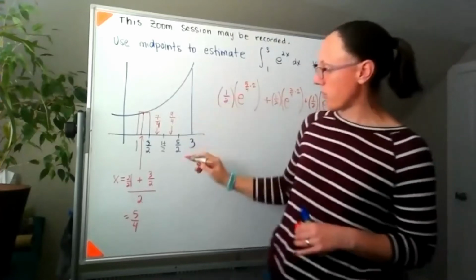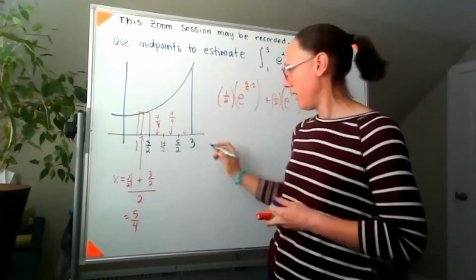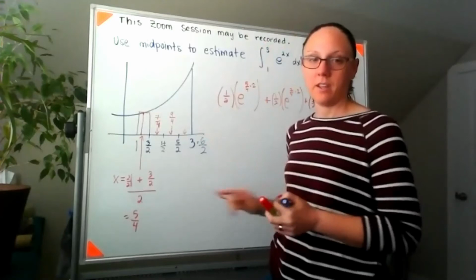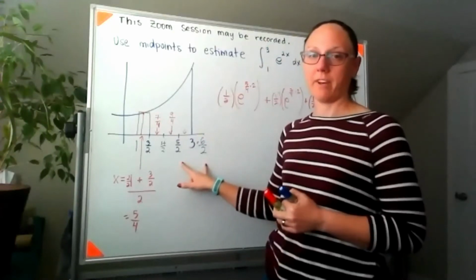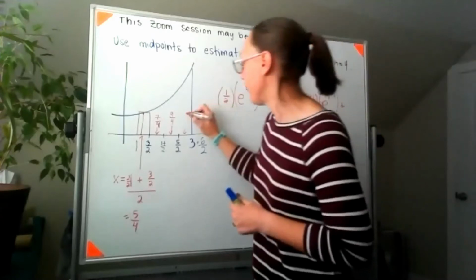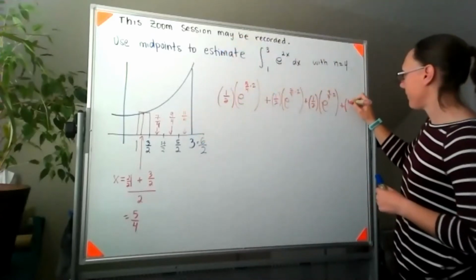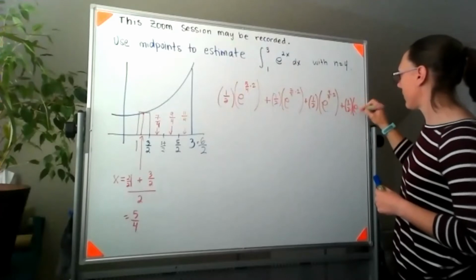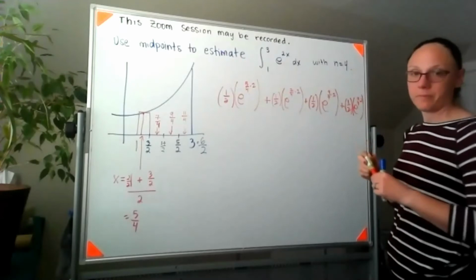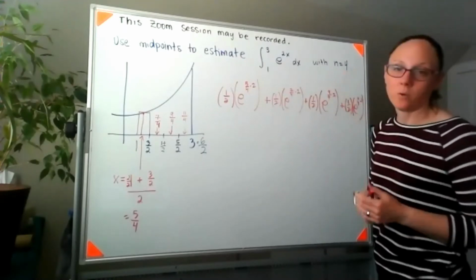And then our last rectangle, if I think about that 3 as really being 6/2, then I'll add these up, get 11/2, divide by 2, and I'll be at 11/4. And that would be my midpoint estimate with n equals 4.